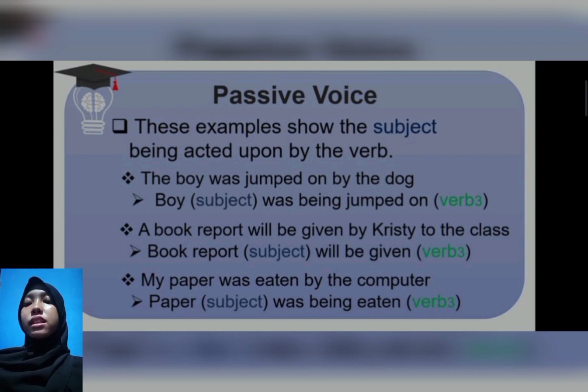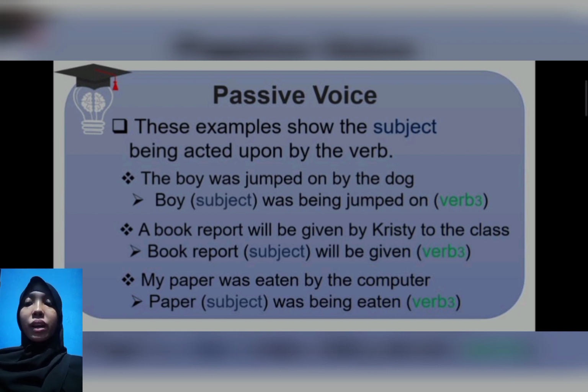Book report is the subject, will be given is verb 3. 3. My paper was eaten by the computer. Paper is the subject, was eaten is verb 3.